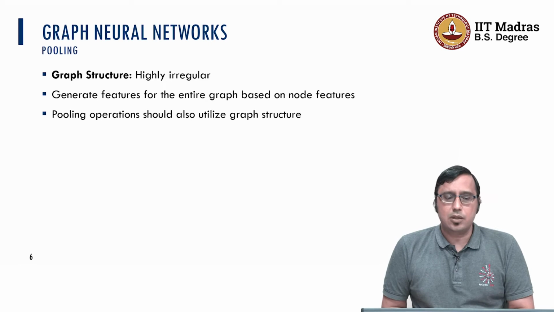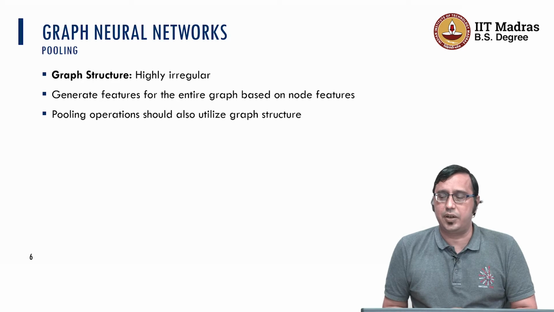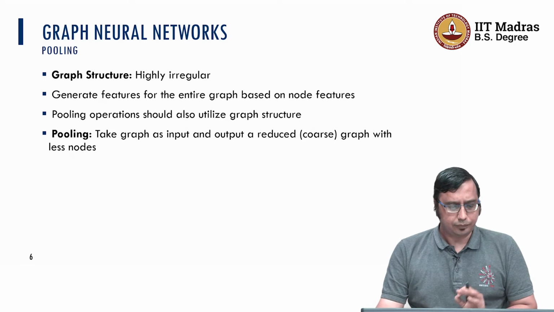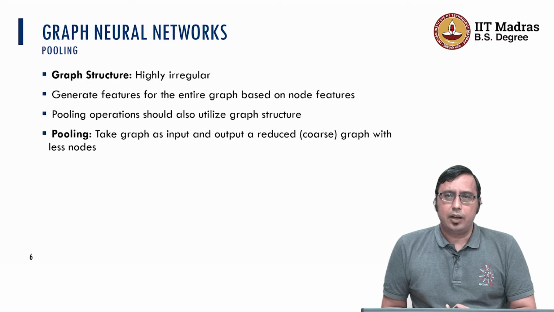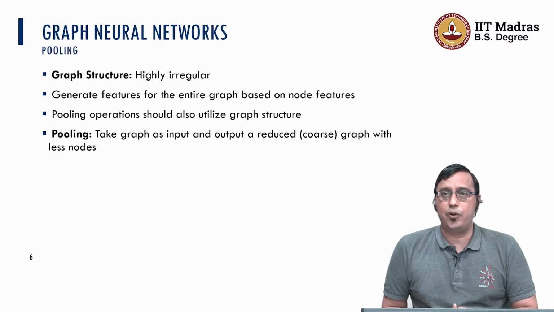What does pooling do? The pooling operation typically utilizes graph structure and features associated with the nodes. It takes a graph as an input and provides a reduced graph with a smaller number of nodes as an output.